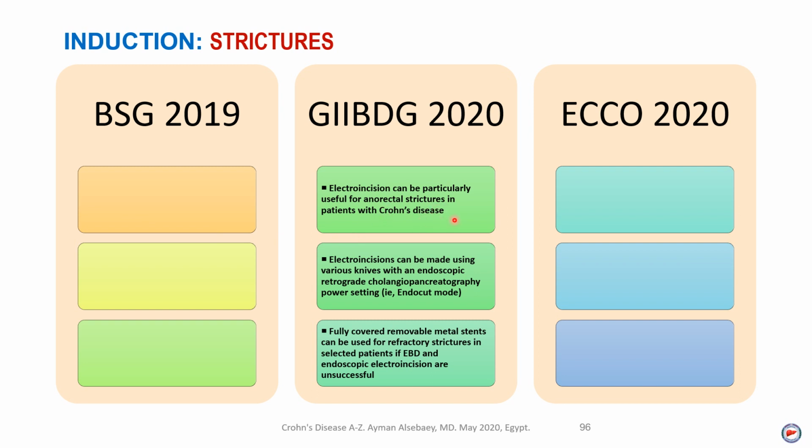Electroincision can be used particularly for anorectal strictures. It can be made using various knives and the ERCP power setting, the endocut mode. You may use fully covered stents for strictures in selected patients in whom endoscopic electroincision is not successful. So it is the third-line therapy.